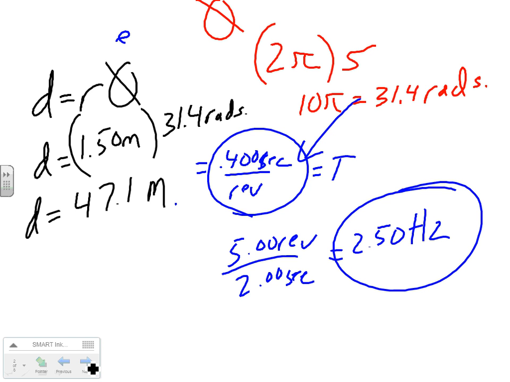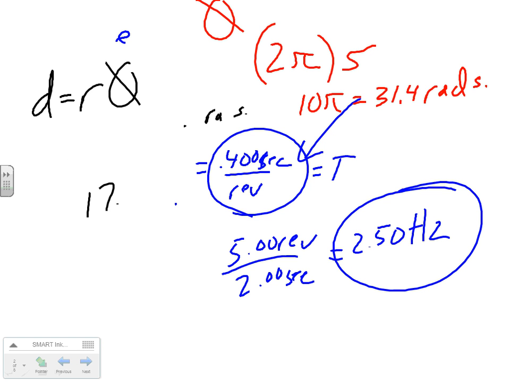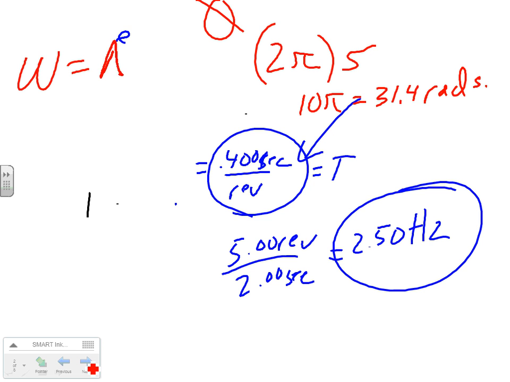The number 5 question we were asked is what's the angular velocity? To find angular velocity, just like regular velocity, it's displacement over time. So for this one, we're going to say omega equals angular displacement divided by change in time. So in this problem, we just found that our angular displacement was 31.4 radians.